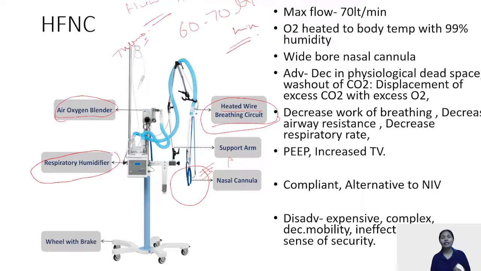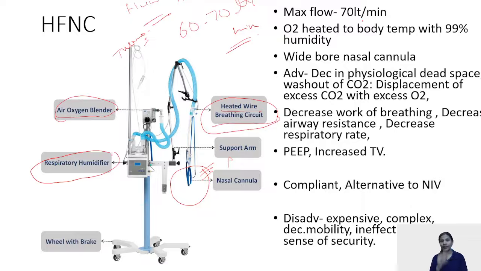It will decrease the airway resistance because the flow is coming at a very high speed. And yes, it is very helpful in cases of respiratory failure, and it gives a very good bridge between your oxygen therapy devices and your endotracheal intubation, similar to non-invasive ventilation. Even non-invasive ventilation is a very good bridge between mechanical ventilation and your oxygen therapy devices.